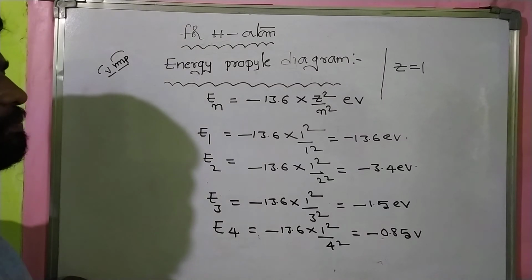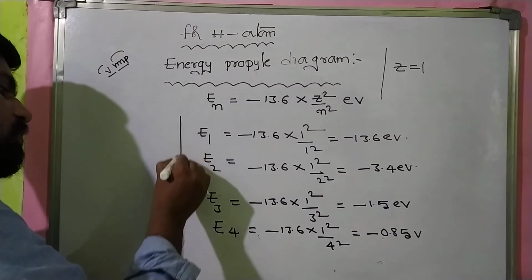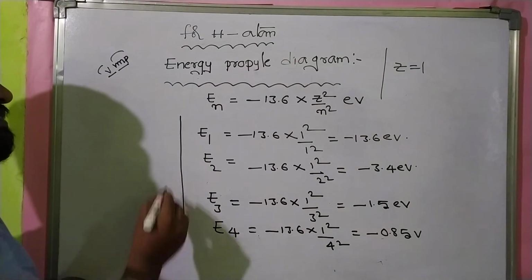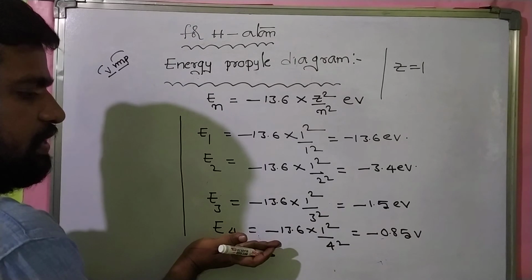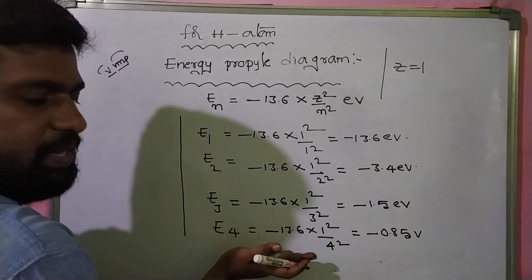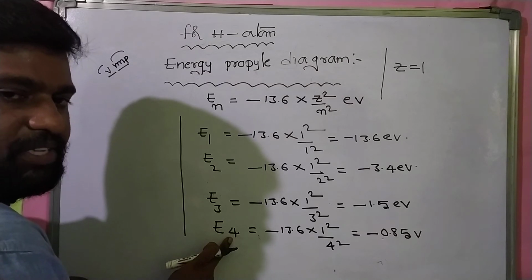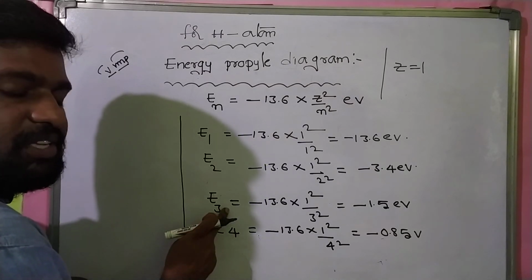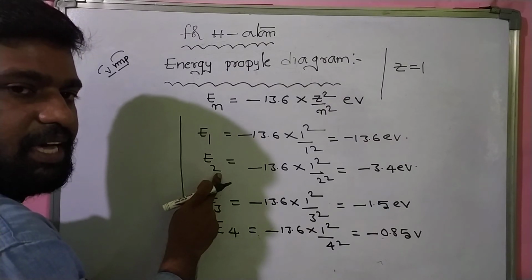My dear students, please observe all these energy values. When the orbit number increases, E4 means energy of fourth orbit, E3 energy of third orbit, E2 energy of second orbit.